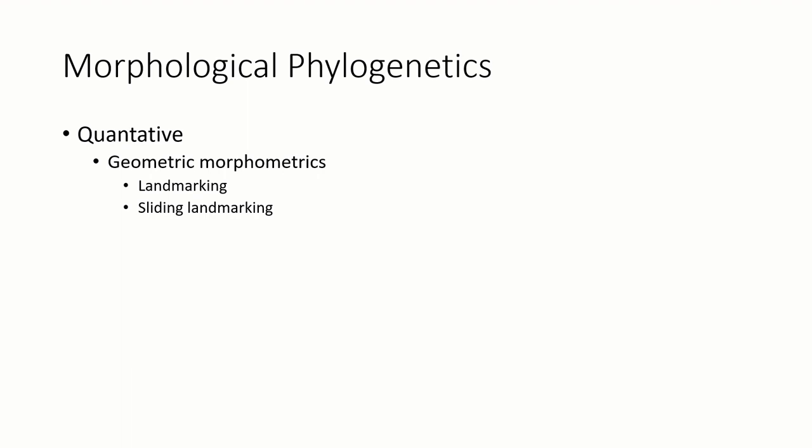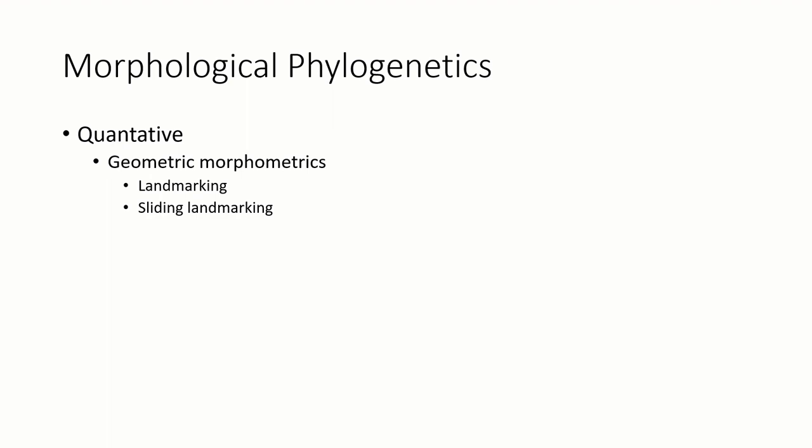You might also look at where different landmarks place. You might have a lot more landmarks, and this is really great when it comes to computers. You could do a lot more landmarking to see how different features place differently on different species, and then infer relationships from that method.